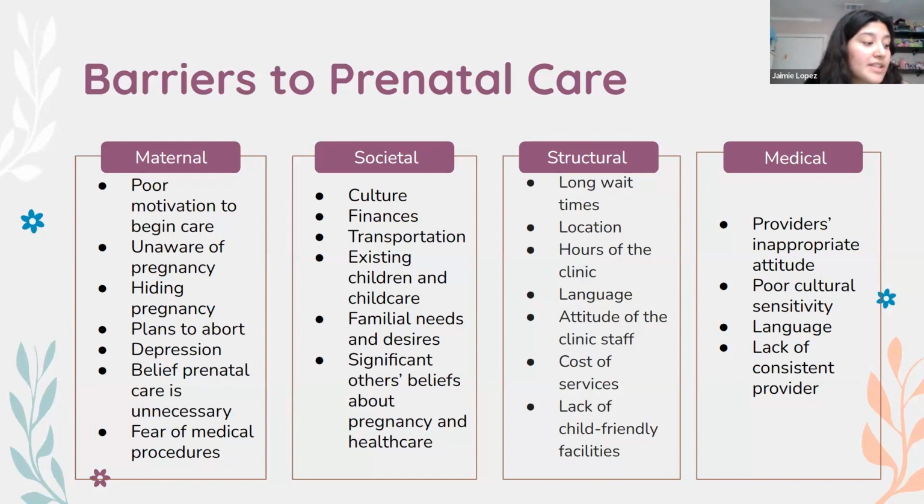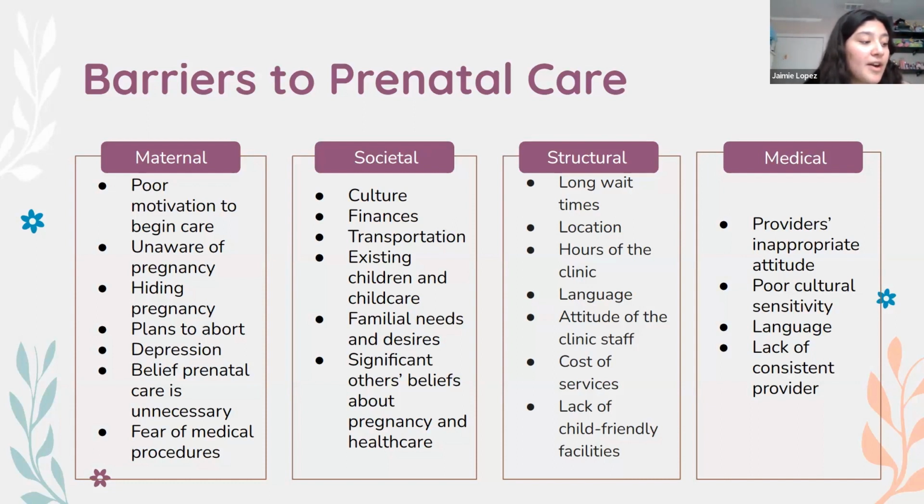The cost of services and payment options are also cited as key barriers, especially for women who do not qualify for Medicaid. The language and cultural sensitivity of the clinic staff can also create barriers for women who are not part of the dominant culture of the area. Wait times for both the appointment and while at the clinic are mentioned in many studies as a barrier to care.